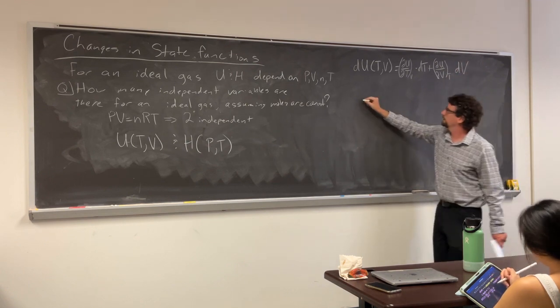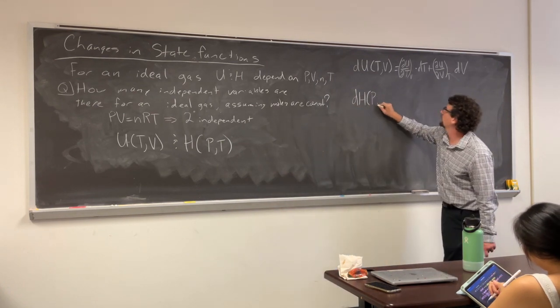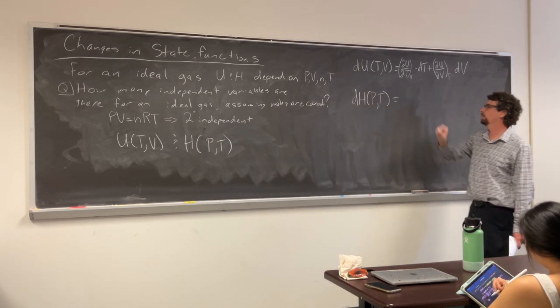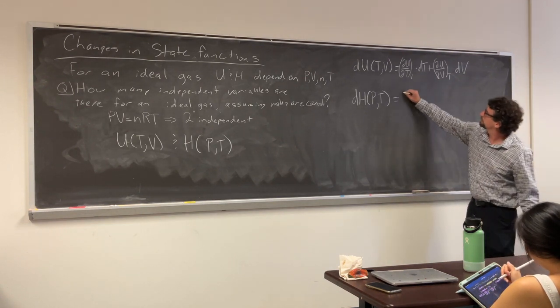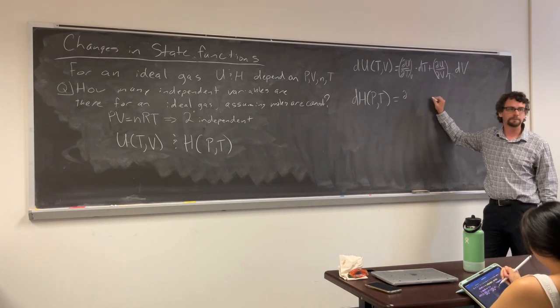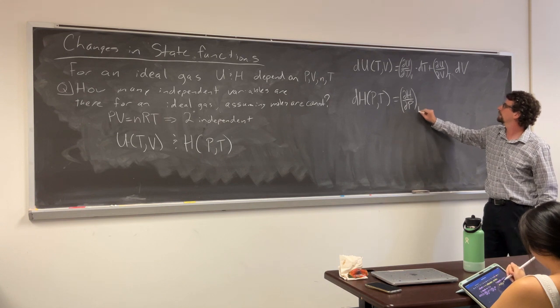Okay, now if we look at the change in H, which we defined as a function of pressure and temperature, what's that differential going to look like? Partial of H over partial of P, yep, keeping what constant? Temperature.